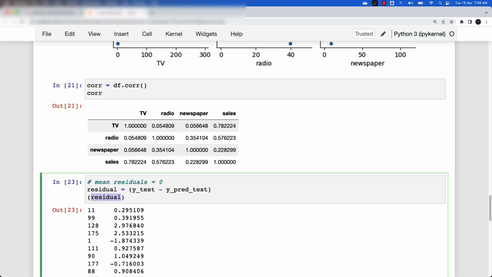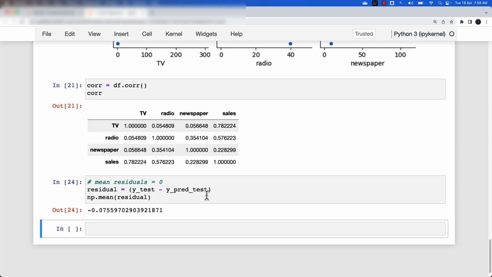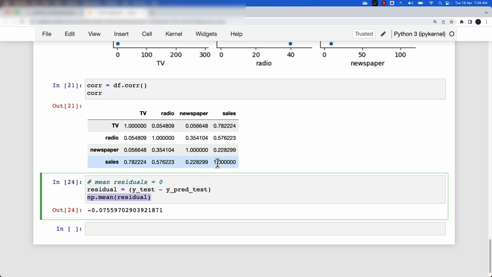Now if I calculate the mean of this residual, I've got the value of minus 0.075, which means it is closer to 0. So the mean residual in this case is closer to 0, and I can say that for this given data set, this clearly satisfies the assumption of this linear regression algorithm.